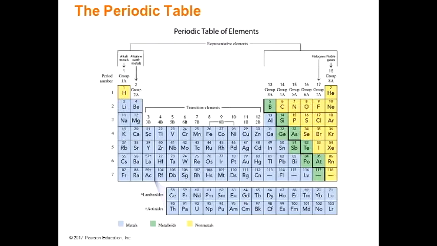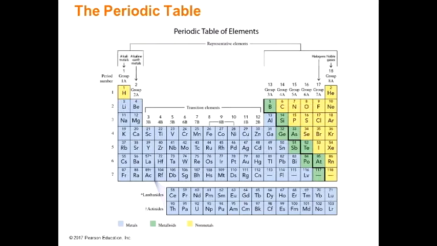When it goes up and down, the chemistry tends to be quite similar. So rows tend to be the energetics, and the column tends to be the type of chemistry it undergoes.